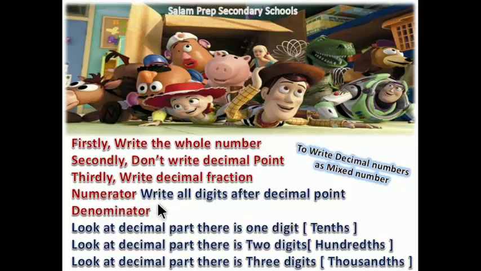Numerator: write all digits after the decimal point. Denominator: look at the decimal part. There is 1 digit, means tenths. There are 2 digits, means hundredths. There are 3 digits, means thousandths.